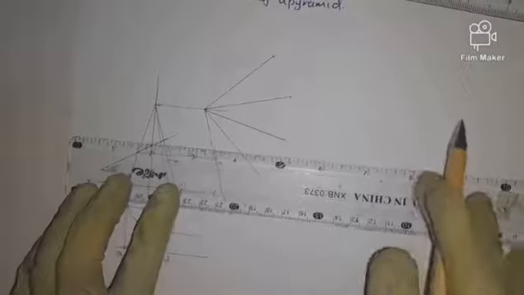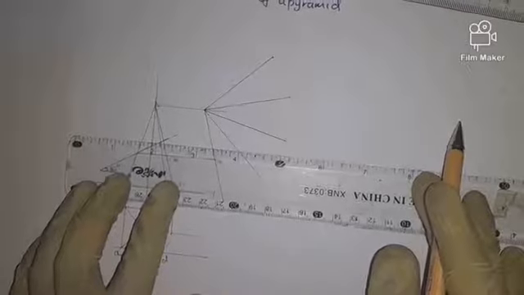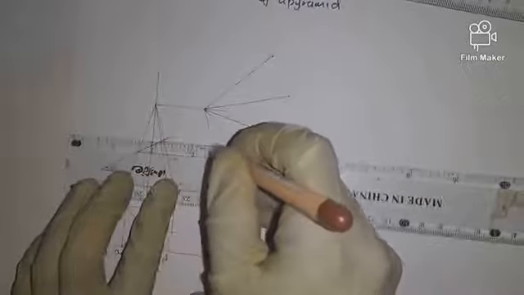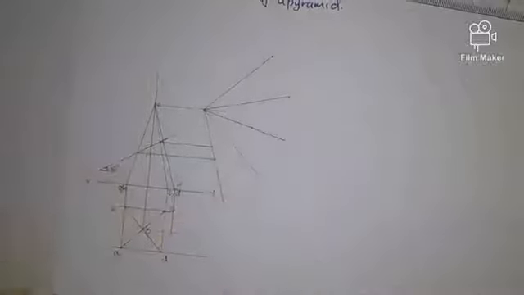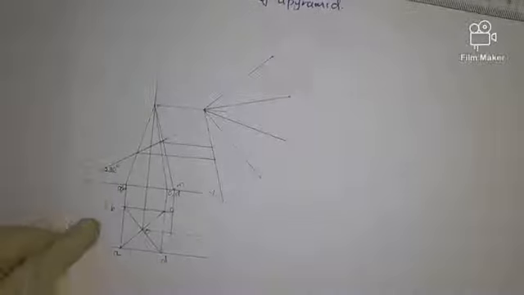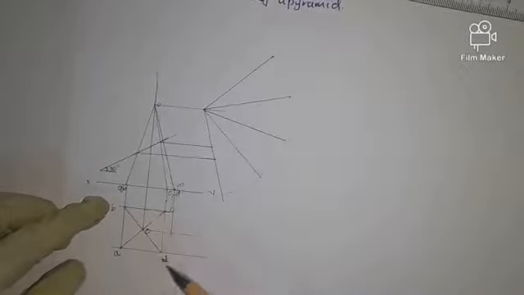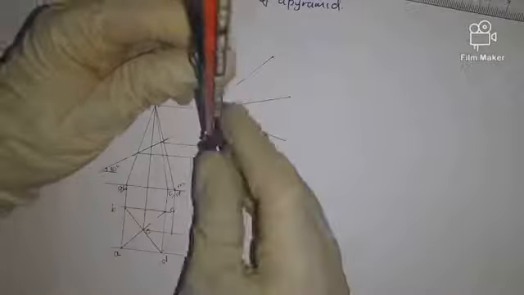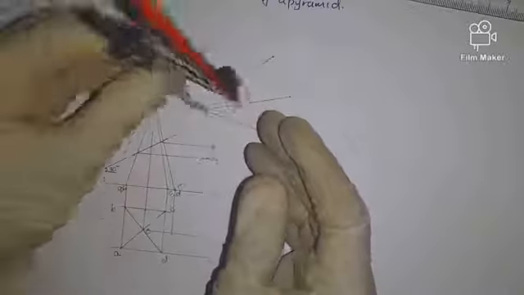So we draw. These are the lines we are bringing. This AB, then CD. So once we reach there, we draw this.